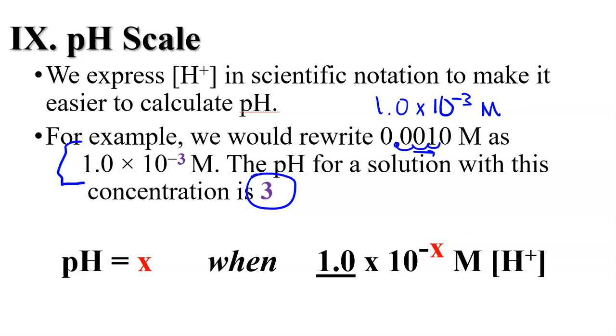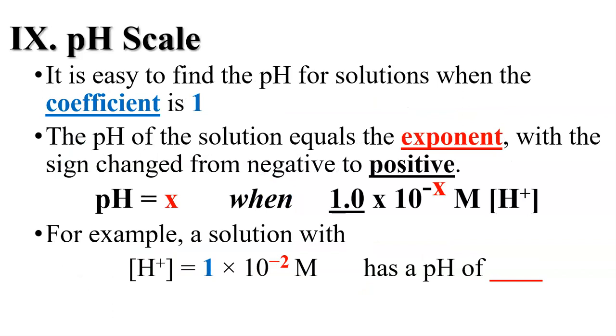All right, so pH is equal to x when it's 1 times 10 to the negative x. Okay, if we have a different number other than 1 there, then it won't be negative x. We have to do something else to it. All right, so it's easy to find our pH whenever our coefficient is 1. The pH of the solution equals the exponent with the sign change from negative to positive.